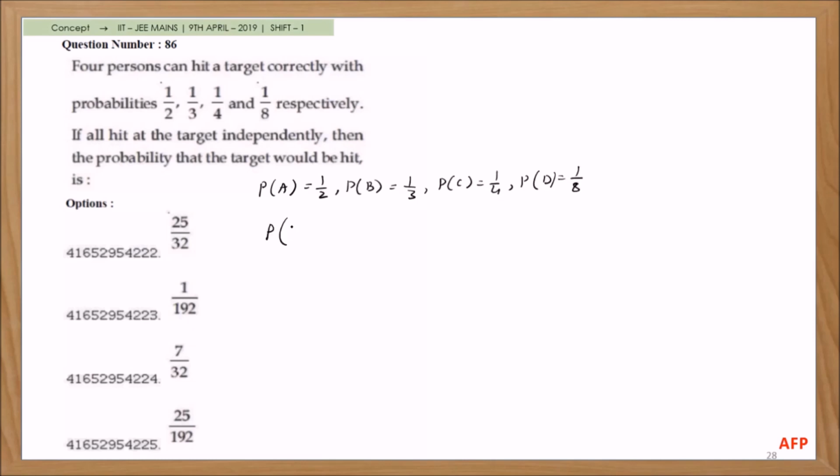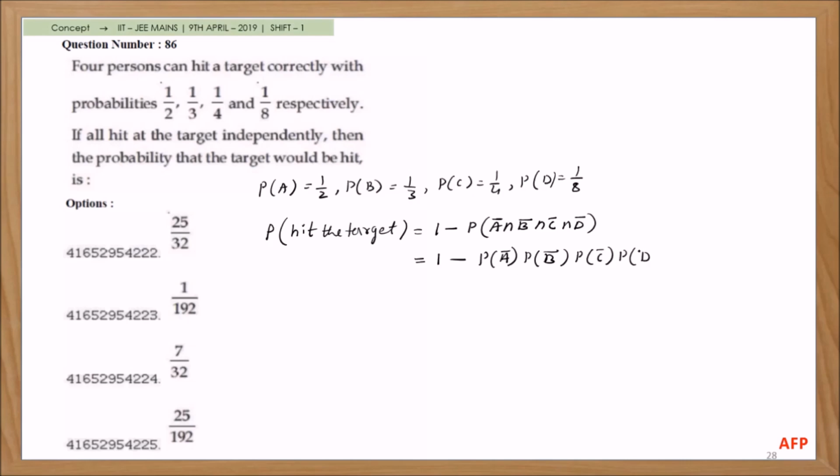Probability of hit the target is nothing but 1 minus the probability of target not hit. They all are independent events, so you can take it as probability of A naught into probability of B naught into probability of C naught into probability of D naught.